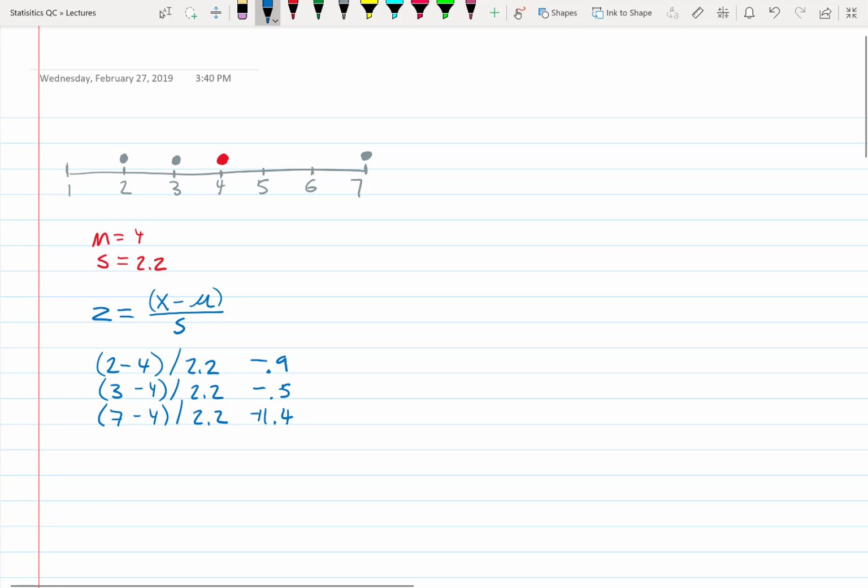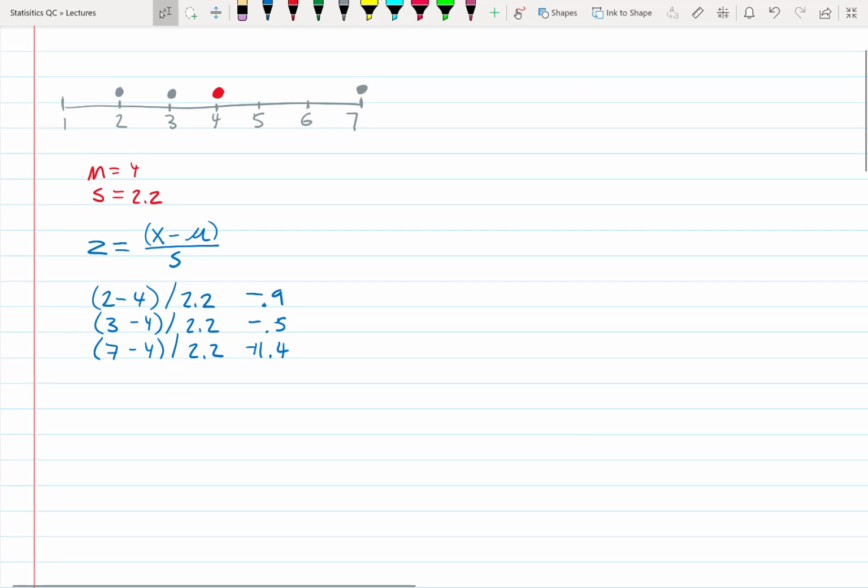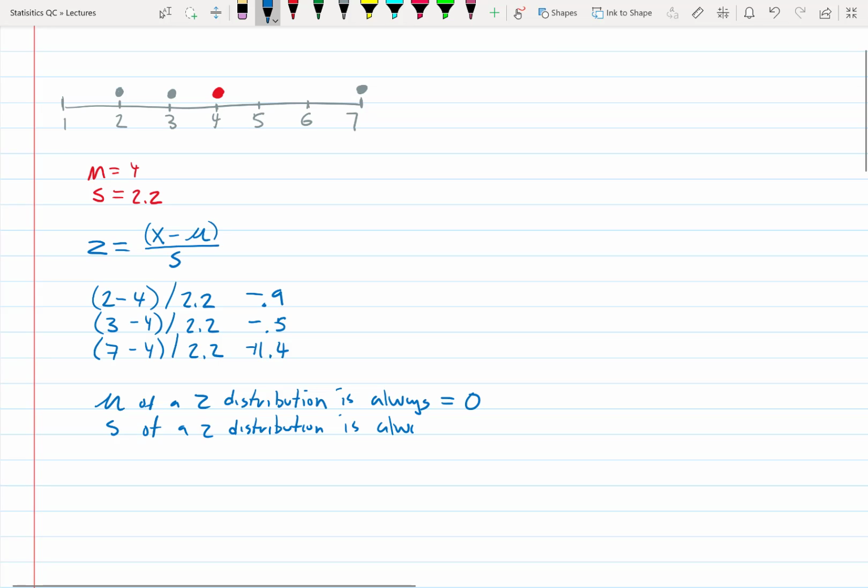And you'll recall that all the time, no matter what, the mean of a z distribution is always equal to 0, and the standard deviation of a z distribution is always equal to what? To 1.